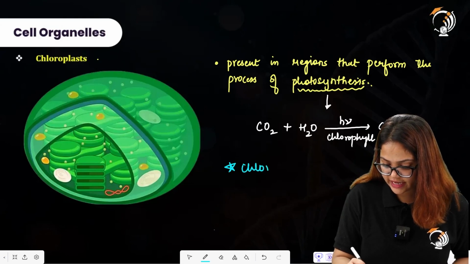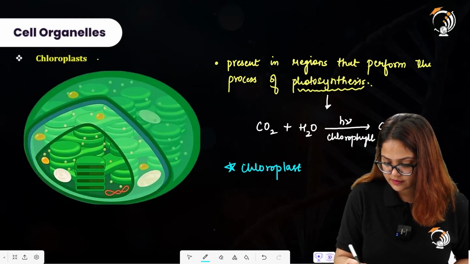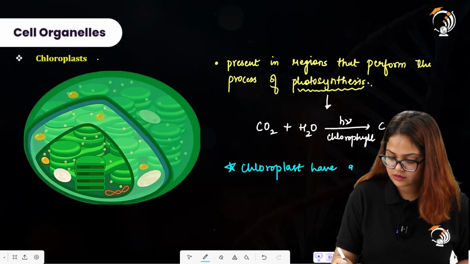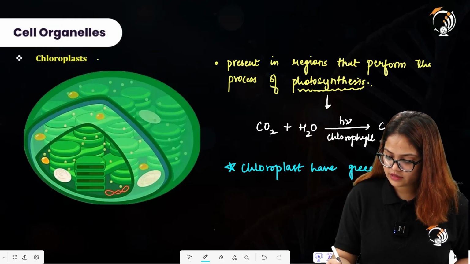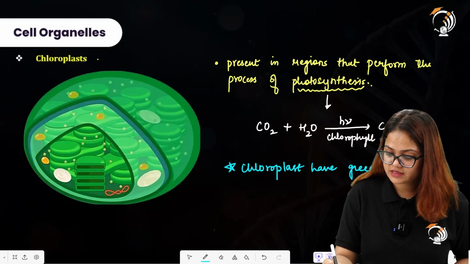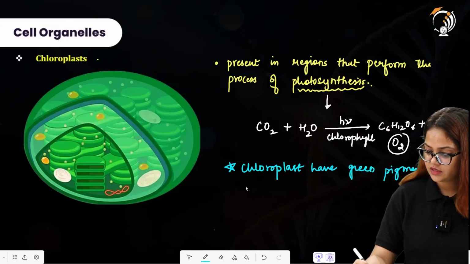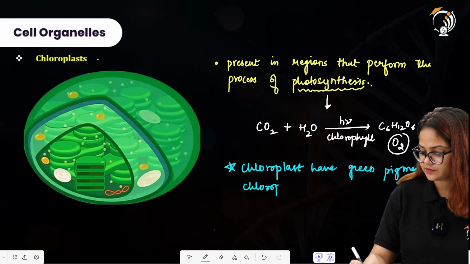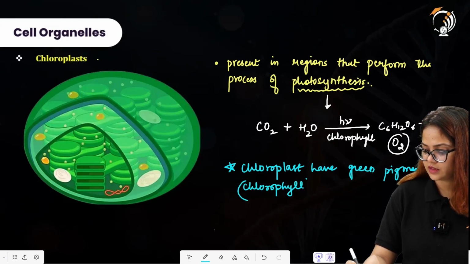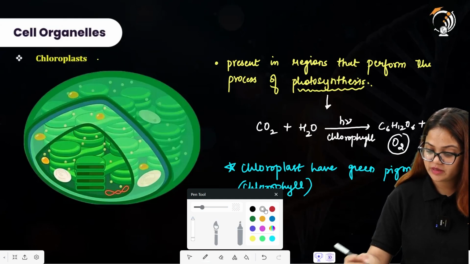So chloroplasts have green pigments in them, and these pigments are of chlorophyll. A chloroplast is also a double membranous structure.